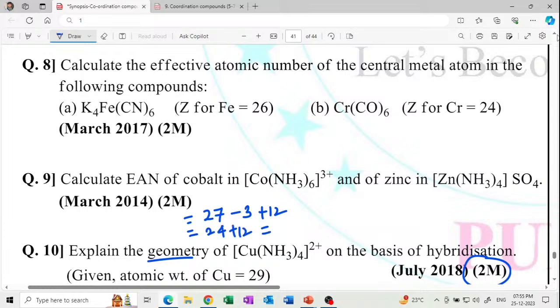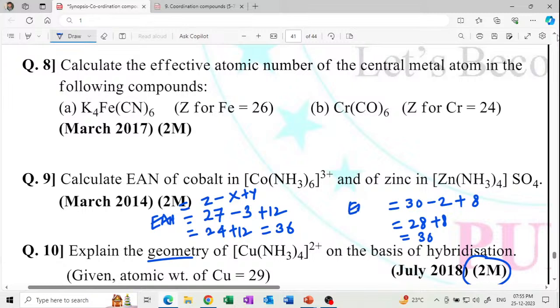So this is 36. Effective atomic number 36. What is the formula? Z minus X plus Y. Then zinc has the atomic number 30 minus the oxidation state of the zinc. This is +2, so this is 2 plus 8. So 28 plus 8, so this is 36. Effective atomic number.